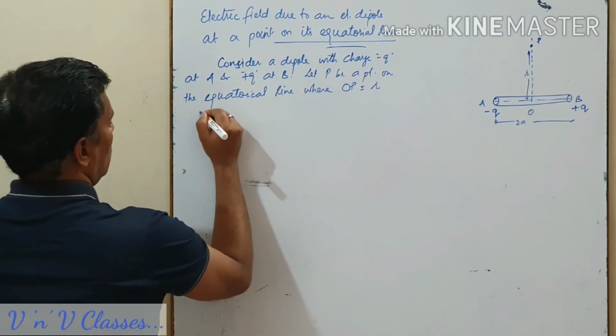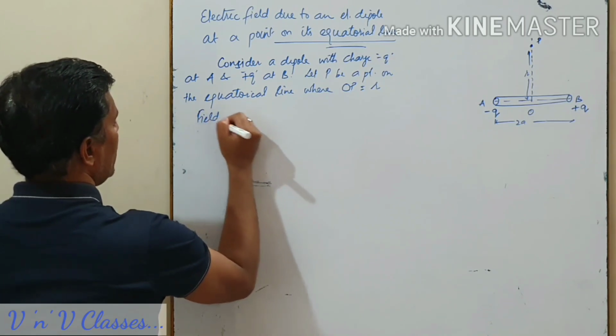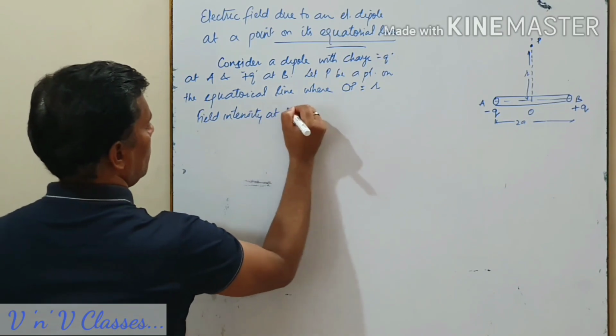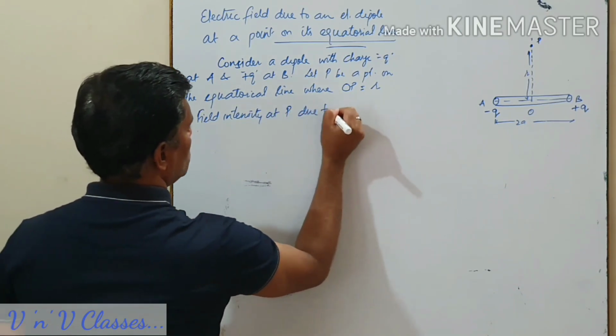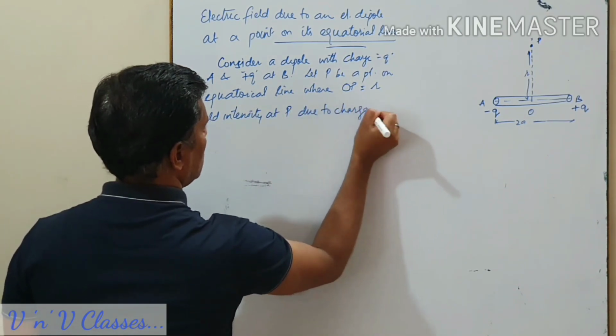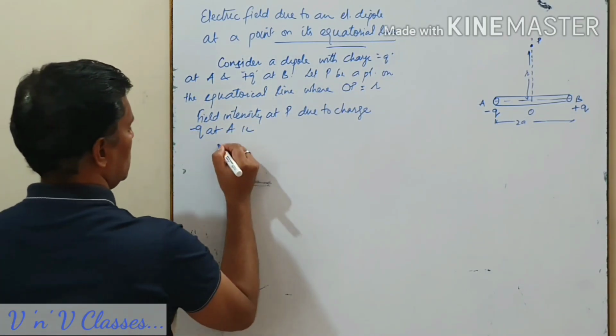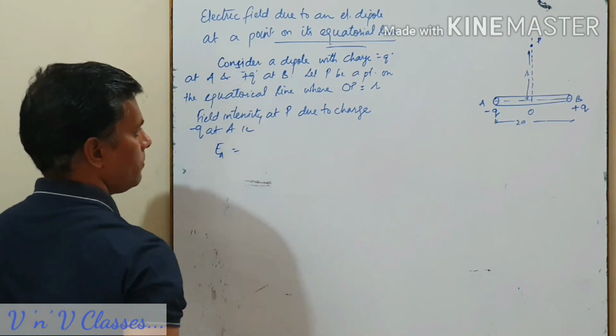So we take the field intensity at P due to charge minus q at A, that is E_A.